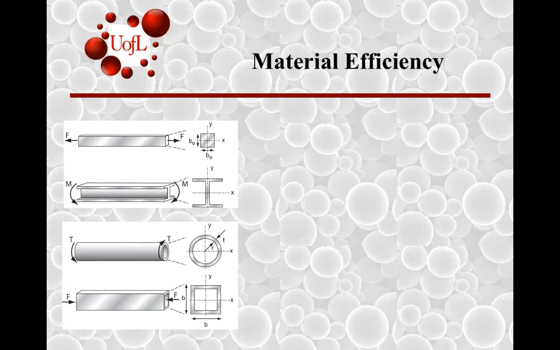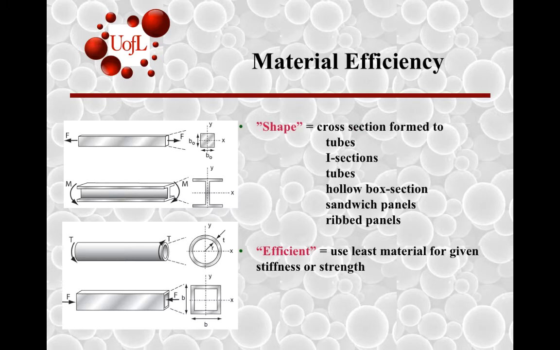In the last class, we looked at the fact that depending upon the material, shape, and loading condition, the criteria for using an efficient structure, which means minimizing the mass based on a stiffness constraint or a strength constraint for a design, could lead to a number of different scenarios that involve creating estimates of the shape efficiency factor.